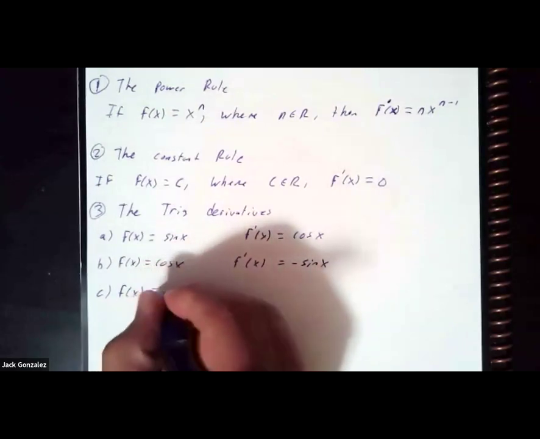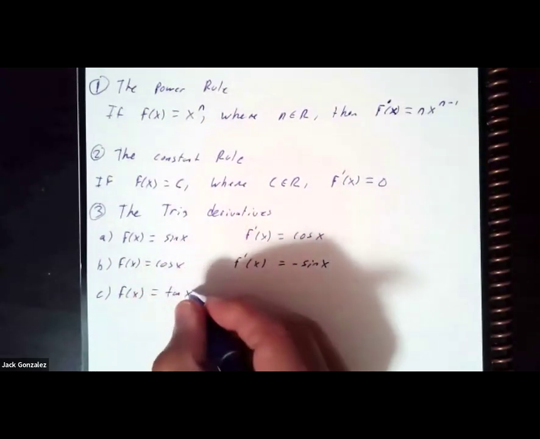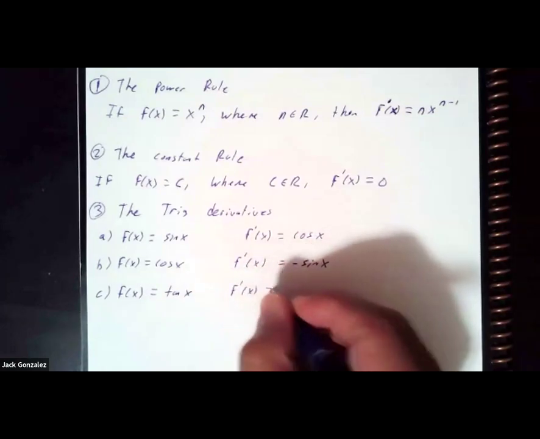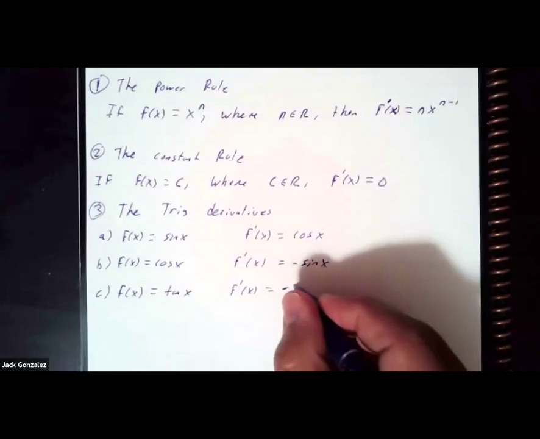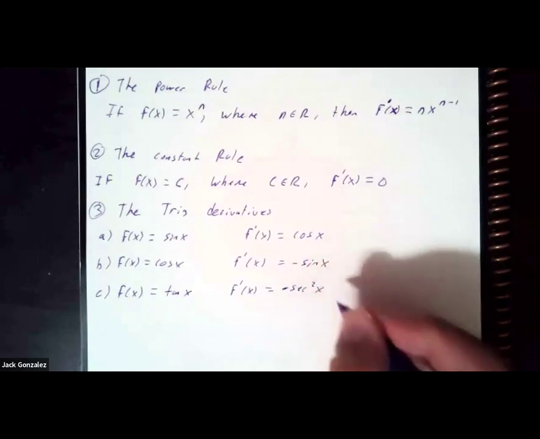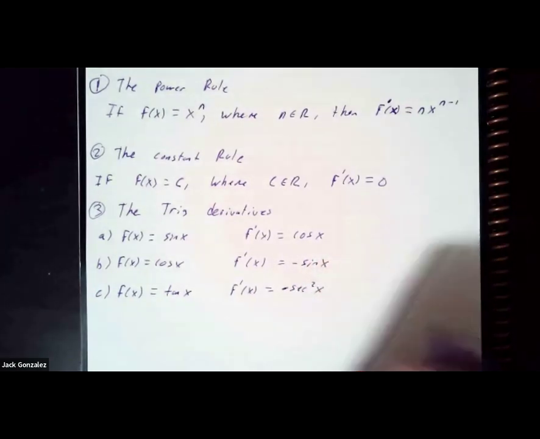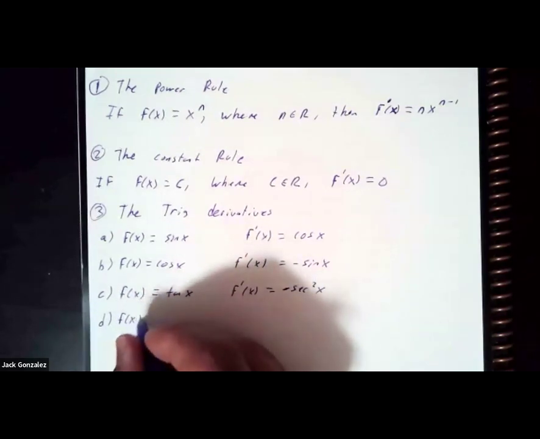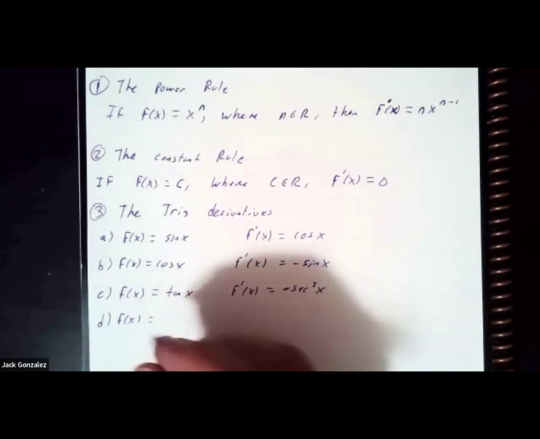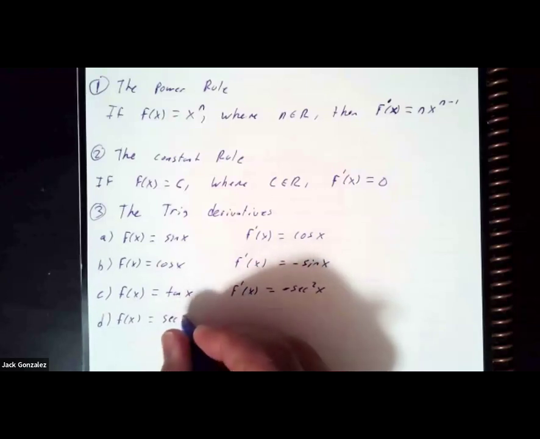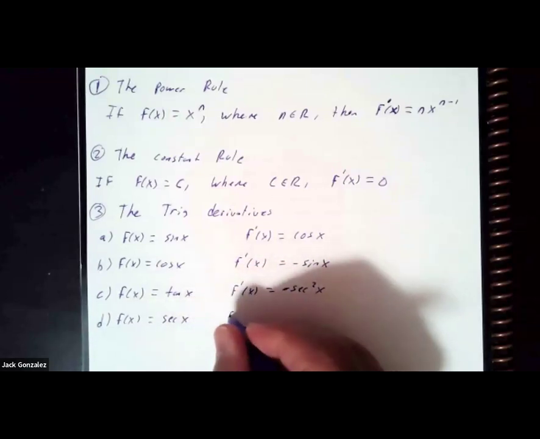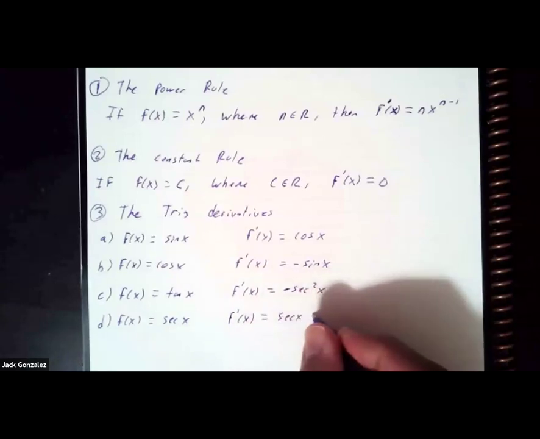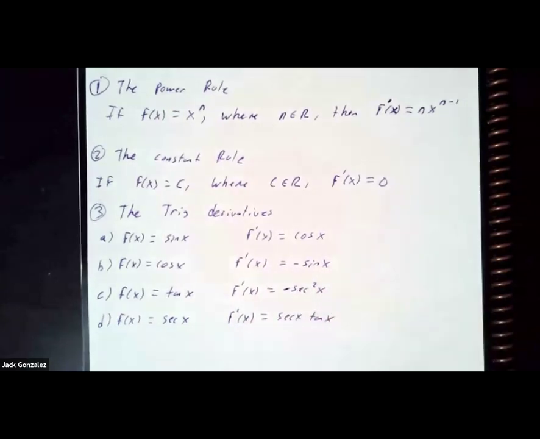If your function is equal to tangent x, the derivative will be equal to secant squared x. The f of x is equal to secant x. The derivative will be equal to secant x tangent x.